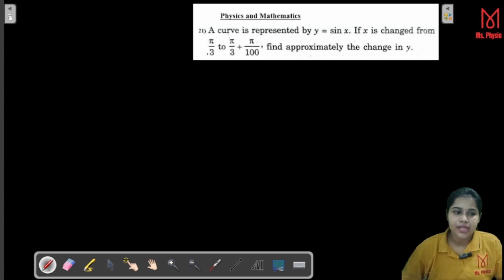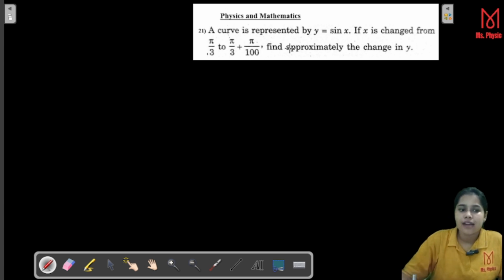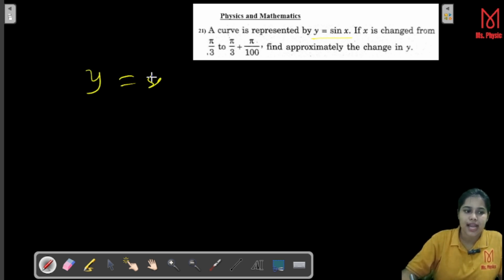Now the next numerical: a curve is represented by y is equal to sin x. If x is changed from pi by 3 to pi by 3 plus pi by 100, find approximately the change in y.